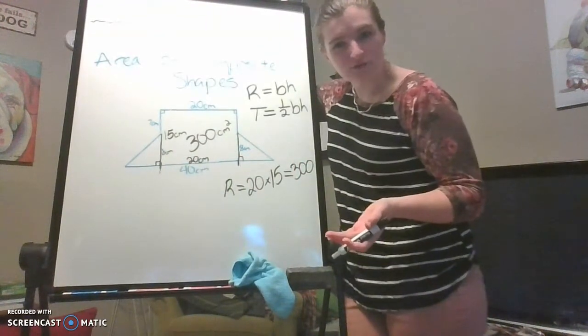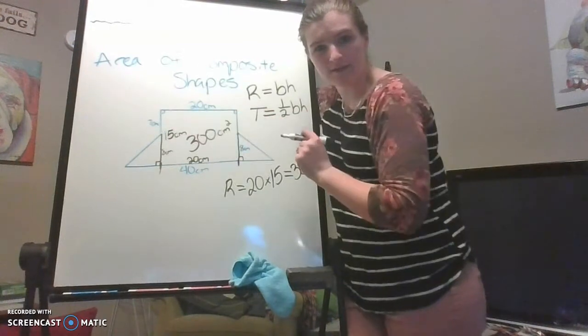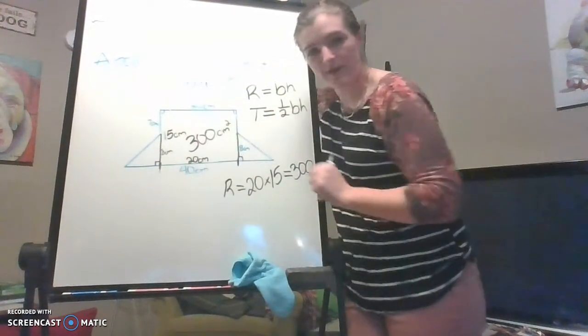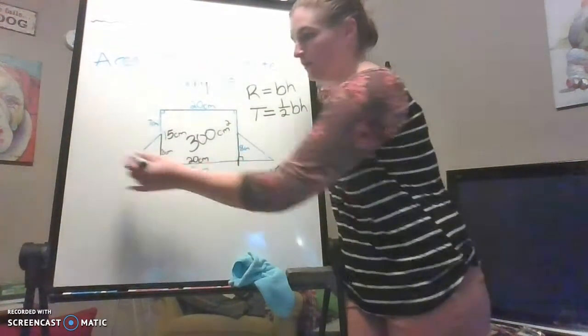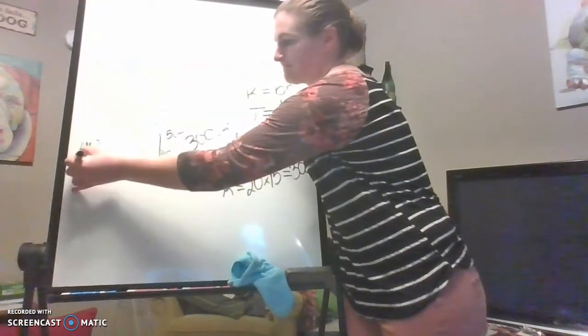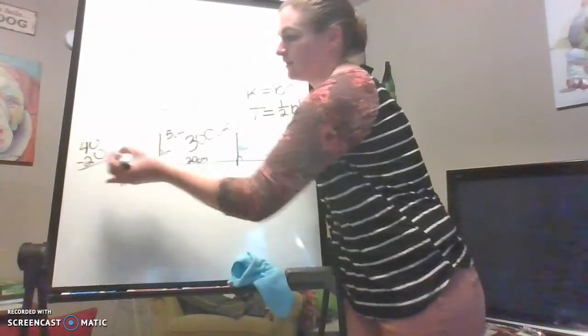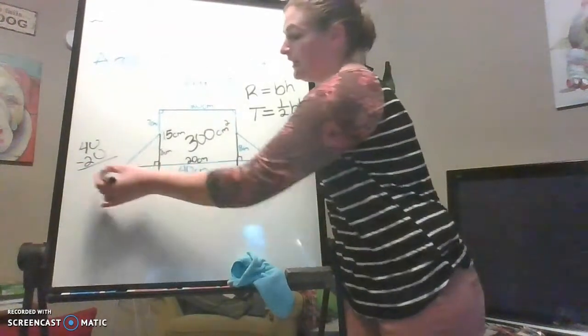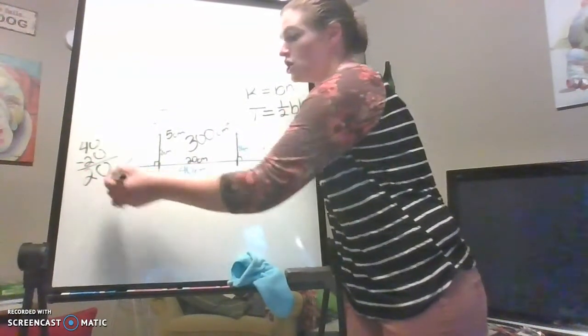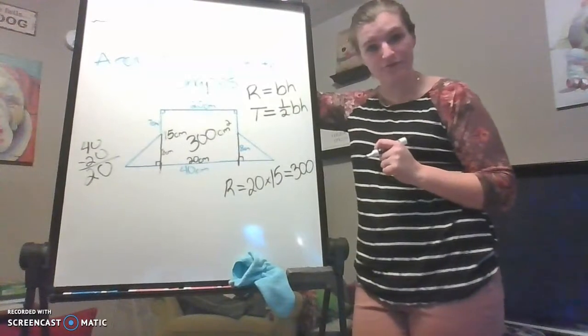How much is left over from the full 40 after I take away the 20? Well, 40 minus 20 gives me 20. So I've got 20 centimeters left over.